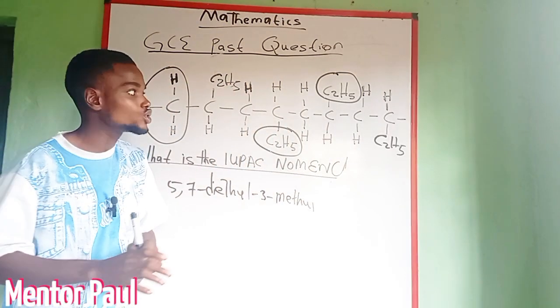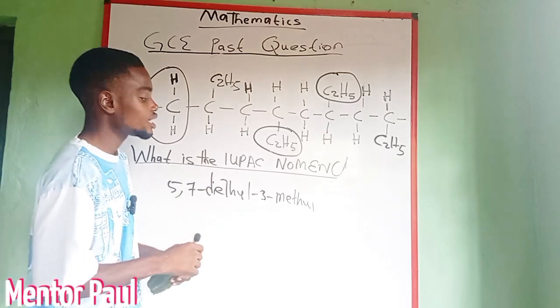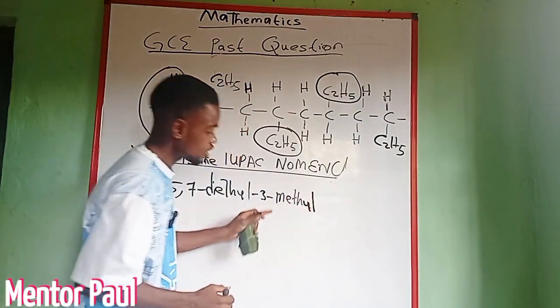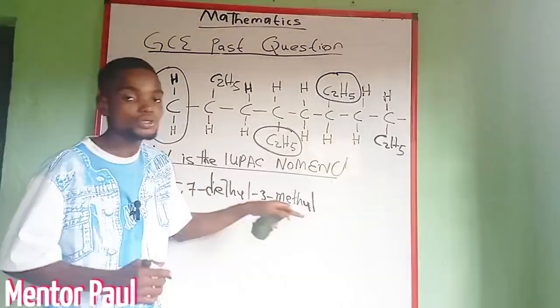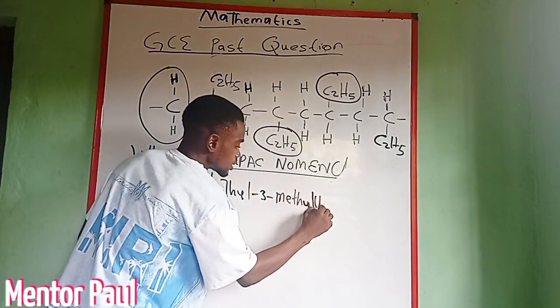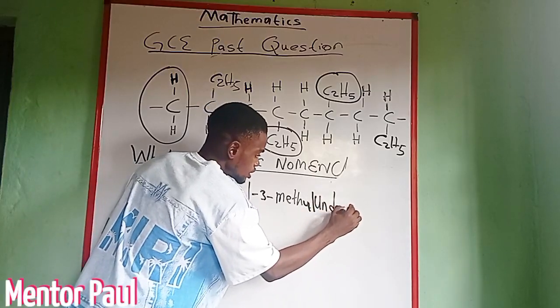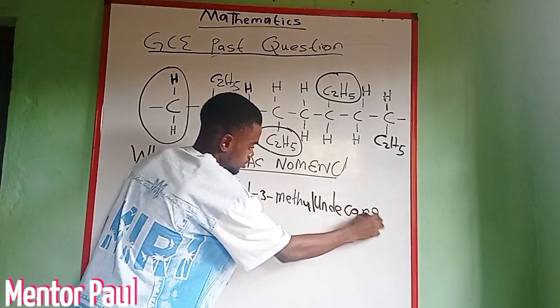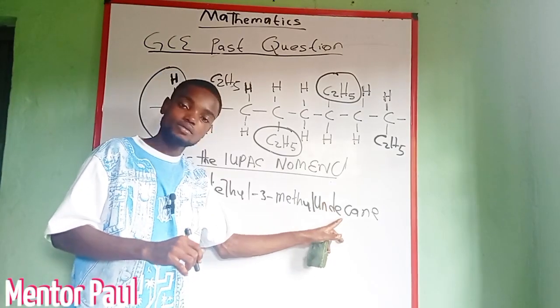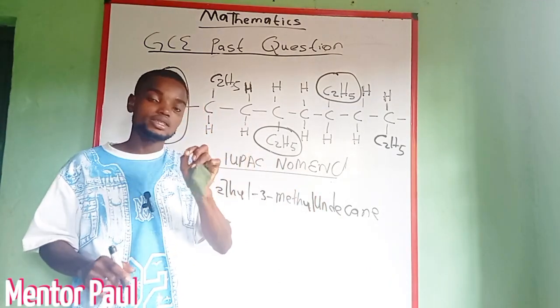So the next thing now is to write the parent name, and the parent name is written closest to the last name you have mentioned, which is this methyl. So I'm going to write the parent name here, which is undecane. Now remember that this undecane has 11 carbons. The name is undec. 11 carbons is undec.